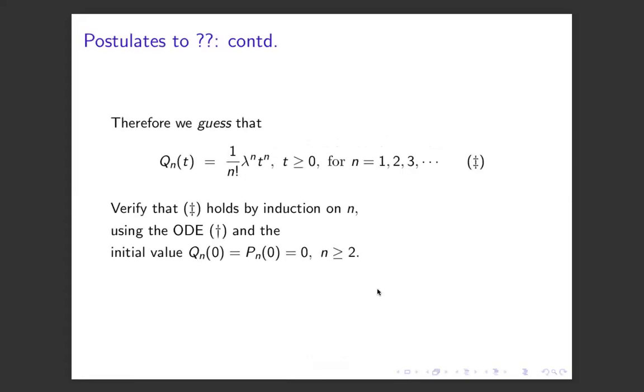So one verifies that Qn given by this solves the system of equations dagger, of course, using induction on n, and with the initial value Qn at 0 equal to 0 for every n greater than or equal to 2.